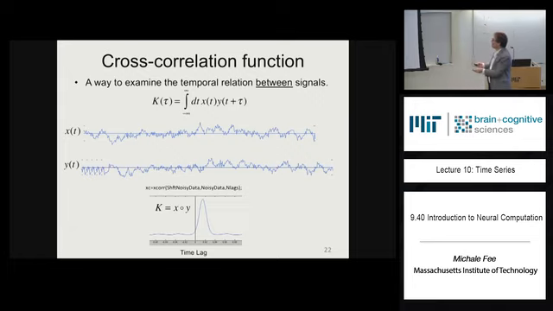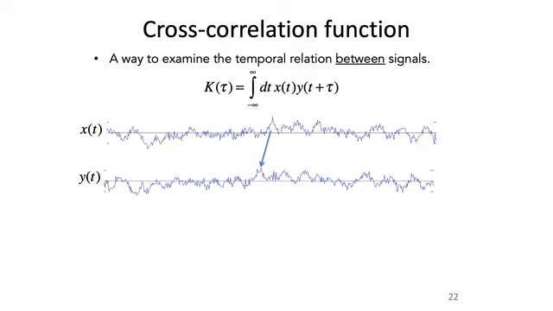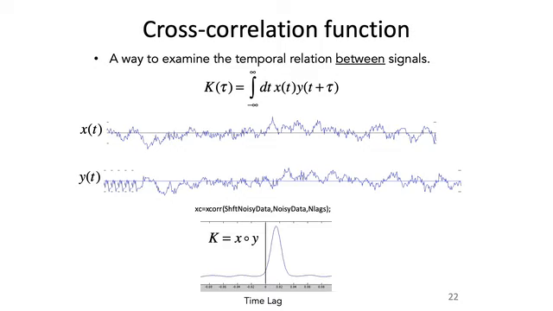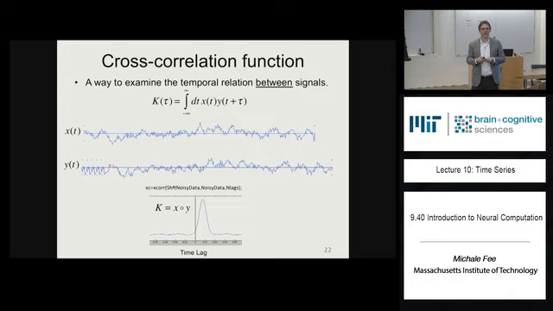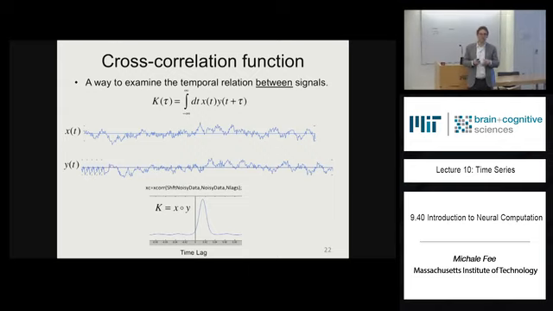In this case, here are two test functions. You can see that y is before x, and so this peak here corresponds to y happening before x. So you just have to make sure you know what the sign is. And I recommend doing that with just two functions that you know. It's easy to get it backwards.